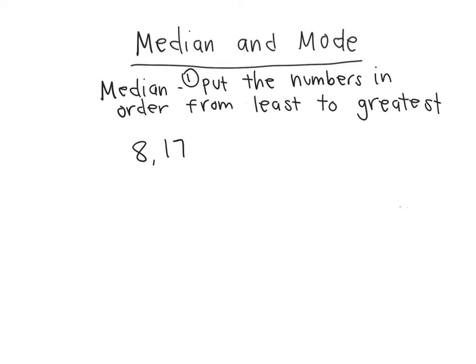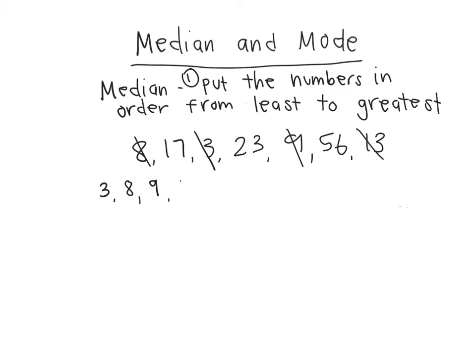So if I have 8, 17, 3, 23, 9, 56, 13, the first thing I need to do is put them in order from least to greatest. What I do is write them and then cross them out so that I know I have it. 3, 8, 9, 13, 17, 23, and 56.